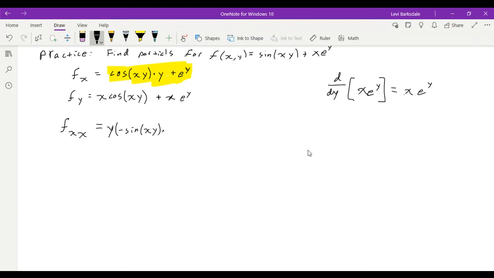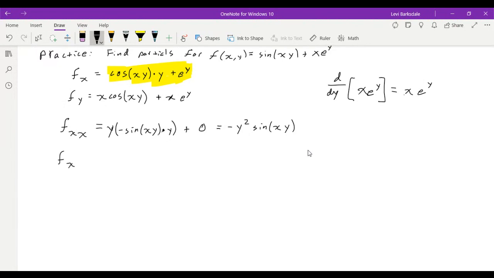Derivative of xy with respect to x: we take the derivative of x, we get 1, treating y like a constant, plus whatever the derivative of e to the y is. But the derivative of e to the y with respect to x is 0. And if we rewrote and simplified, that gives us minus y squared sine of xy.